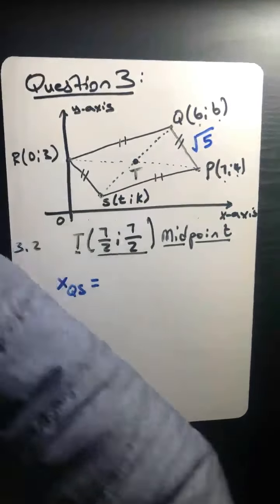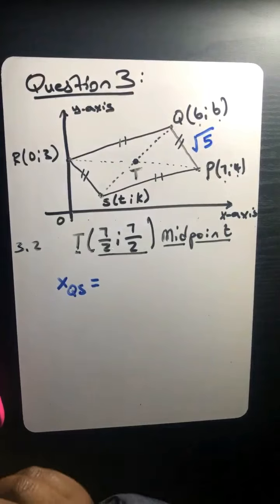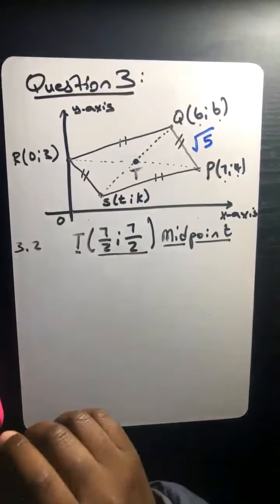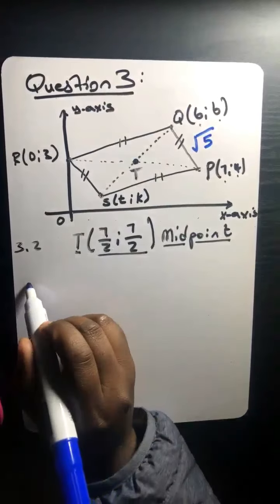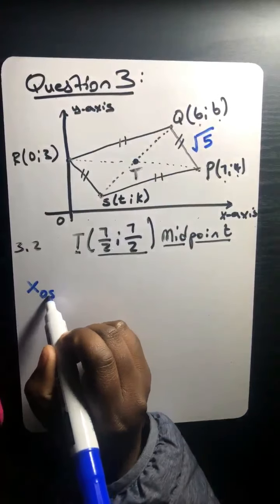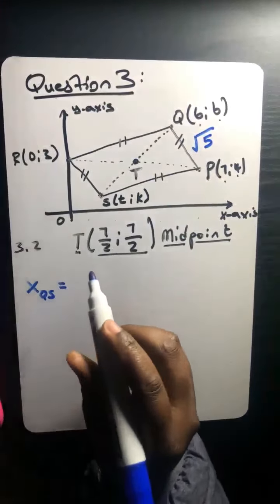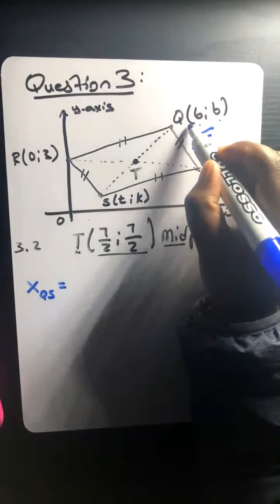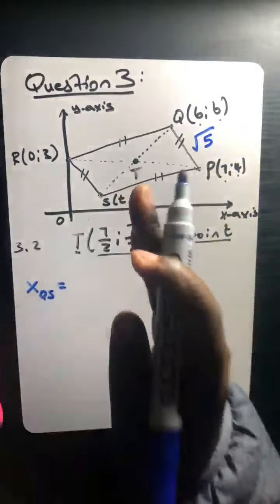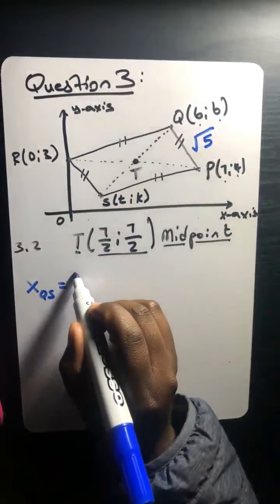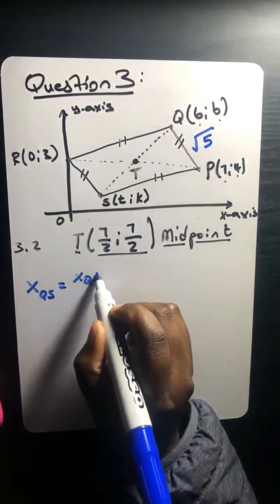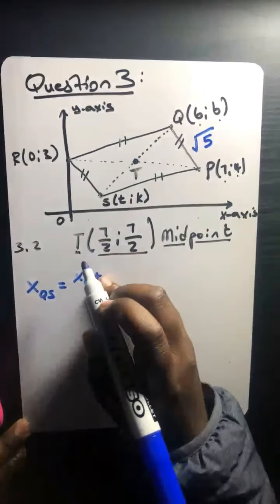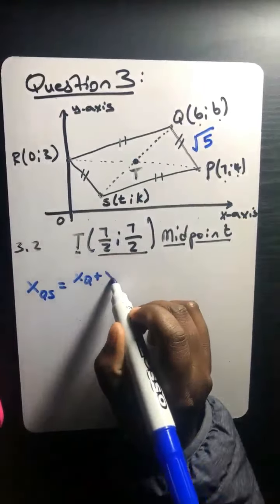Let me just create some space so that everything fits in there. So the X value for QS is equal to, I said midpoint, you add these two values, then you divide them by 2. So that means we are going to have x of Q plus x of S, over 2. So this formula, guys, you must know by heart.